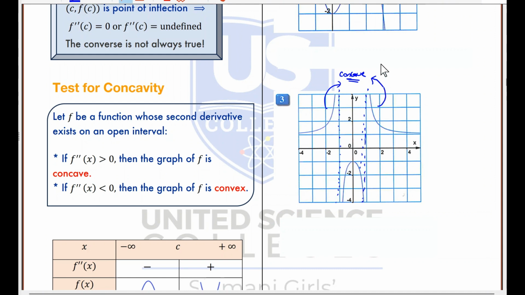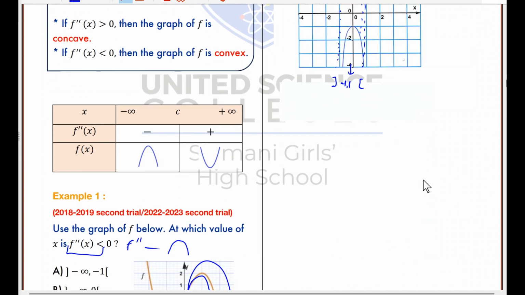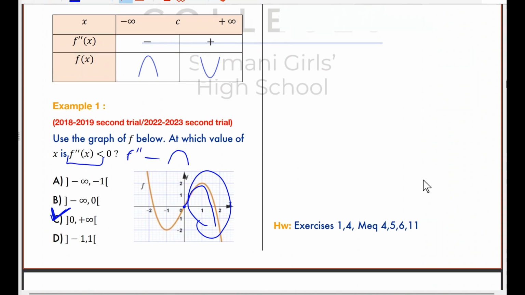This part is approaching this way, that part is approaching the same way. From negative infinity till negative 1, union, the second part from 1 to infinity. This is the concave interval. The convex interval is the opening down part between the two vertical asymptotes. It's stuck between two lines, which are negative 1 and 1. So this is how we identify concave and convex intervals from the graphs.